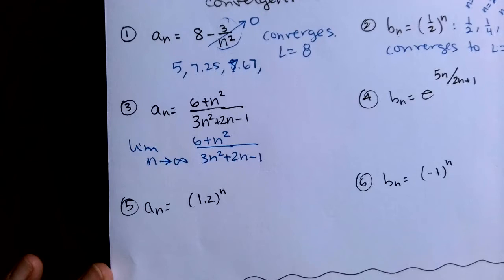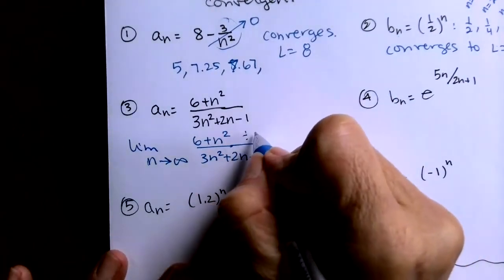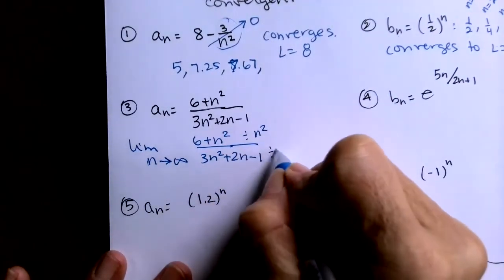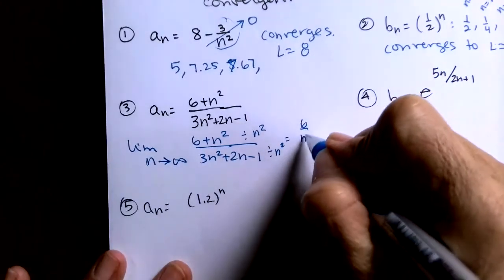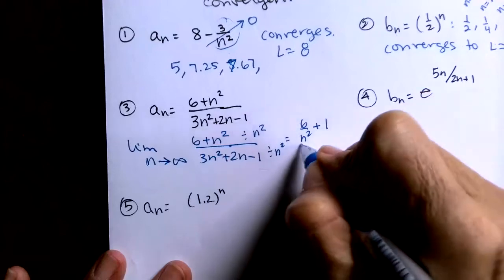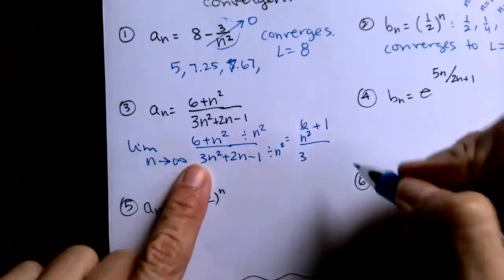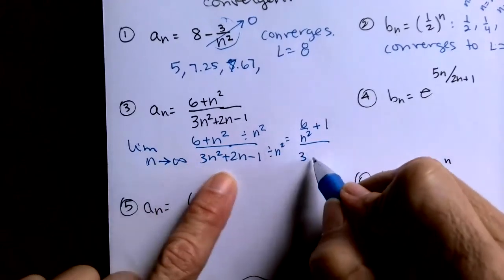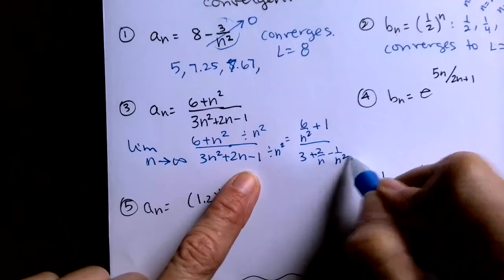So let's go ahead and divide each of our terms by n squared. That's our highest power of n. And then we'll get 6 over n squared plus 1 over, so the n squareds would cancel here, so I'll get 3 plus 2 over n minus 1 over n squared.